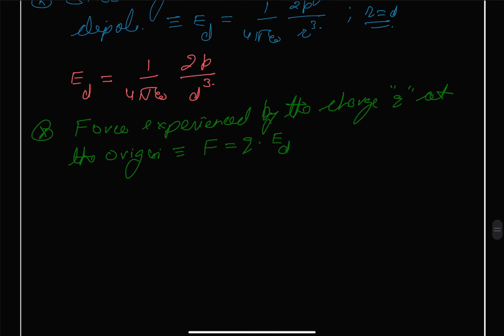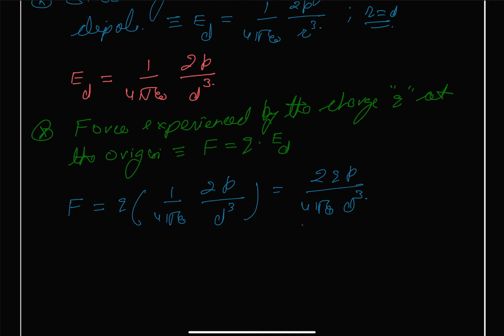Now we can simply substitute the values. We get that the force will be equal to Q times 1 upon 4 pi epsilon naught twice P divided by d cube, and we can just rearrange it, and we can write this as 2 Q P divided by 4 pi epsilon naught, and this is our d cube.